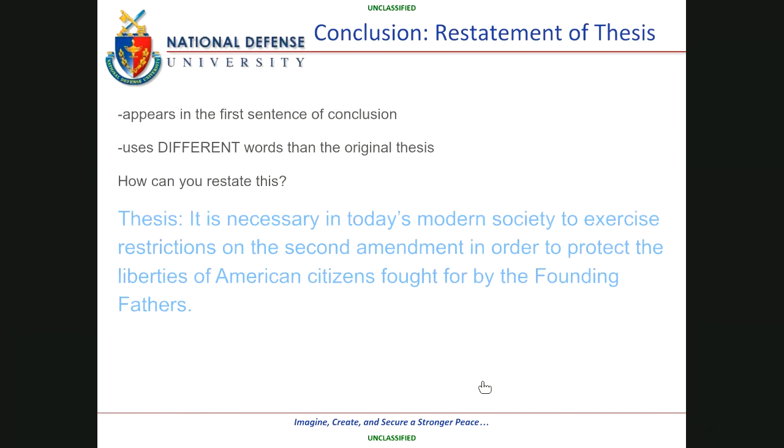So here is my thesis: it is necessary in today's modern society to exercise restrictions on the Second Amendment in order to protect the liberties of American citizens fought for by the Founding Fathers. What do you think would be a good final statement? How would you end this paper?